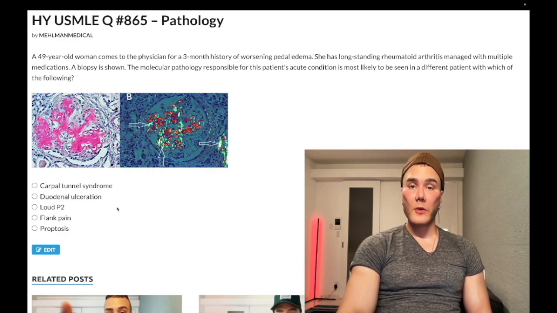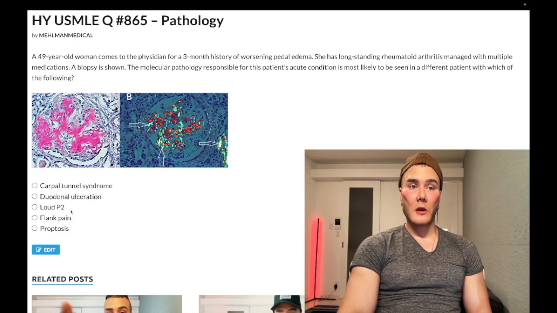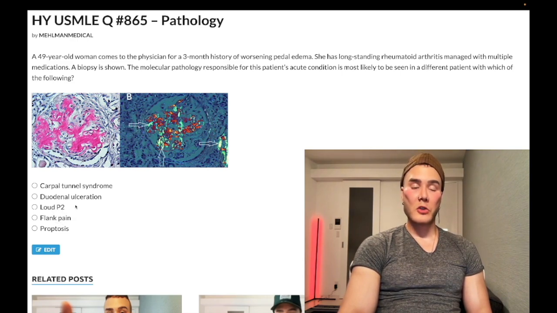Choice C, loud P2, wrong answer. I've harped on this in my prior questions that a loud P2 means pulmonary hypertension. It's exceedingly high yield. You know that loud P2 is the loud pulmonic component of S2, and sometimes they can just say loud S2. I'd say about 9 out of 10 times if they just say loud S2, they're referring to a loud P2. The pulmonic valve is slamming shut when you have high distal pressure.